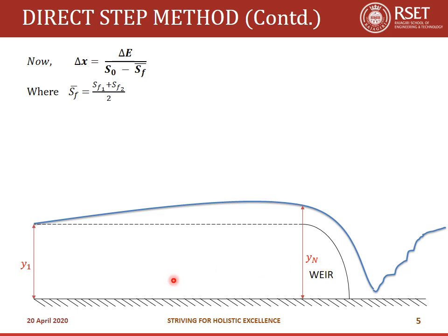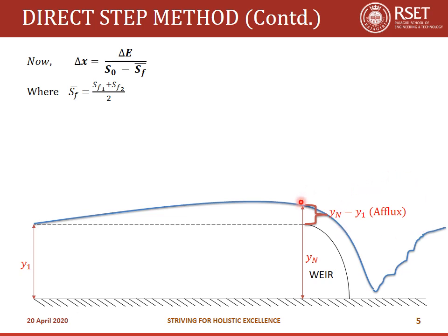Now my objective is to get the horizontal distance from y1 till yn. That would give me the length of the GVF profile. So that is what I'm trying to do. Before that, this difference between y1 and yn, known as yn minus y1, is known as the afflux.